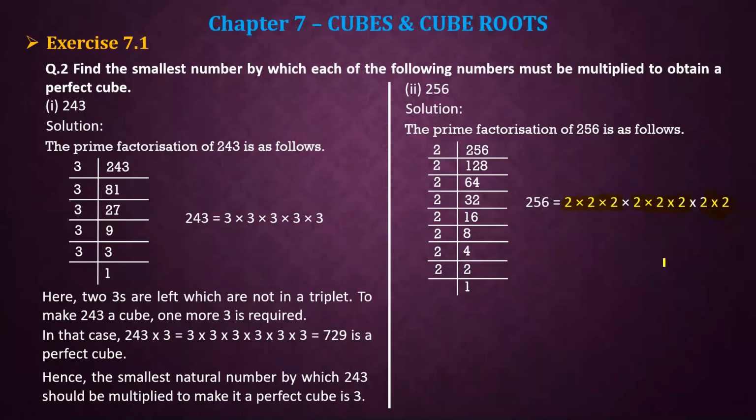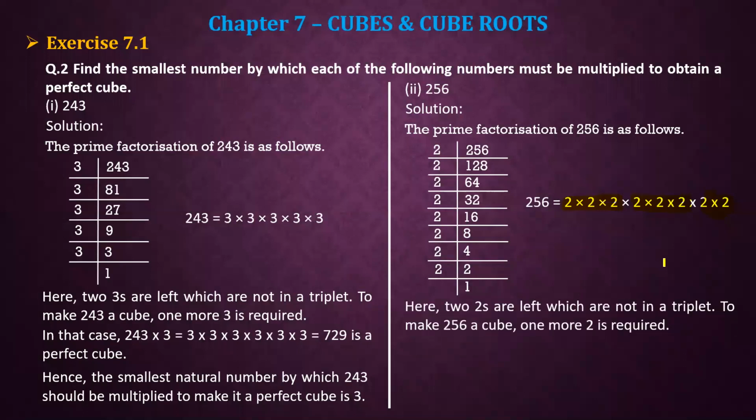So here 2 2s are left which are not in a triplet. That means they are not forming a group of 3. Therefore, to make 256 a cube, one more 2 is required.